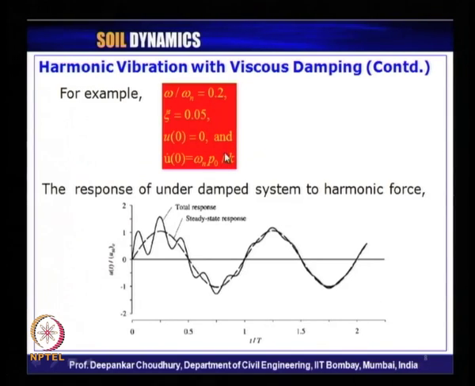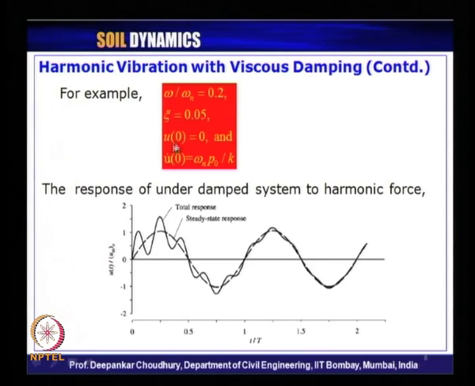For these values, typical results are plotted here in non-dimensionalized form, that is, u of t to the static u at initial time, with respect to the x axis, which is time to the natural time period.